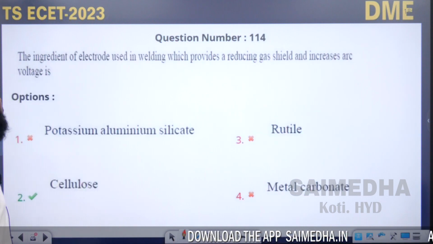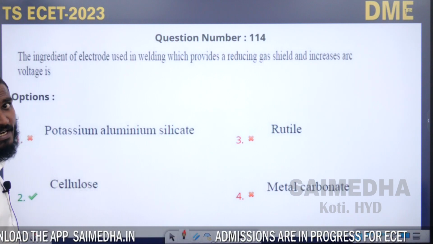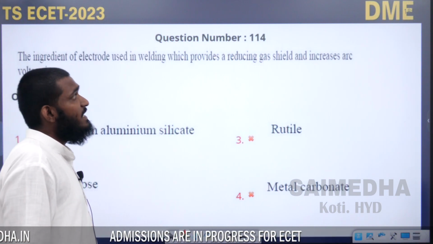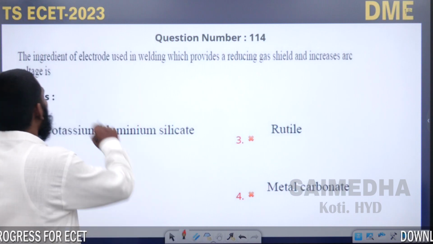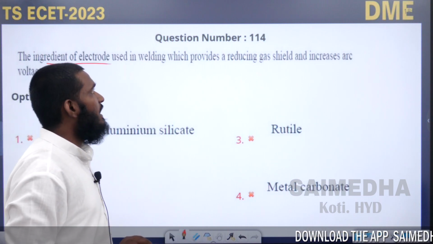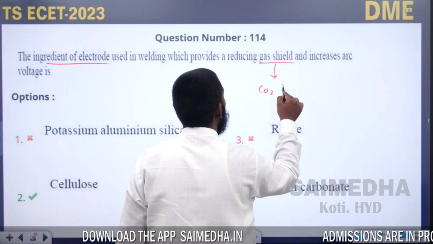Now let us see the next question. The ingredient of electrode used in welding which provides a reducing gas shield and increases arc voltage is. Now what is the ingredient of the electrode that is providing the gas shield over here? Gas shield means we can take it as CO2 and H2 gases.